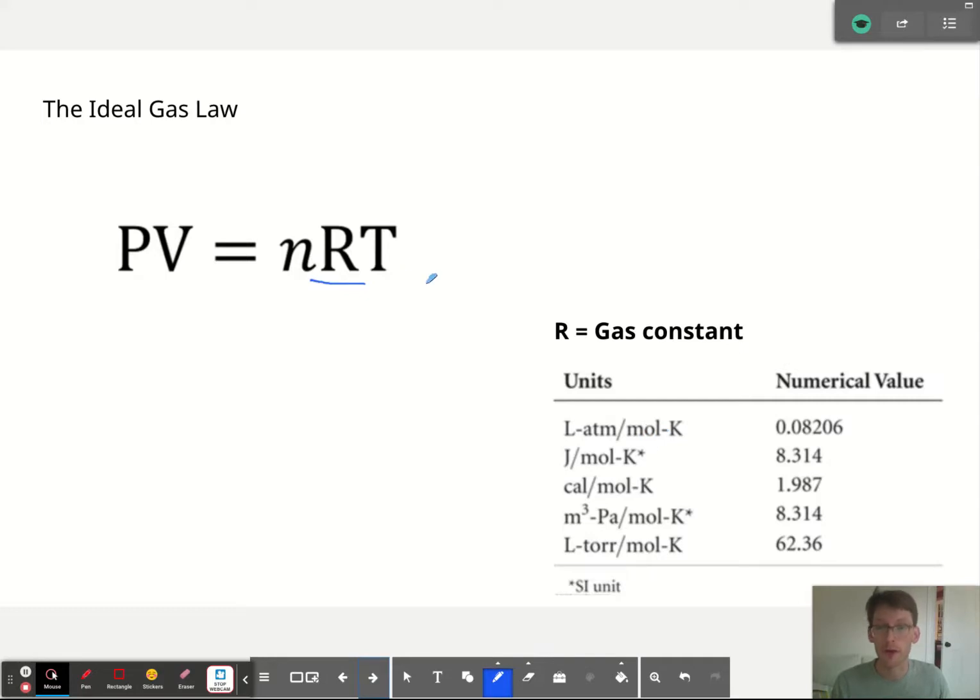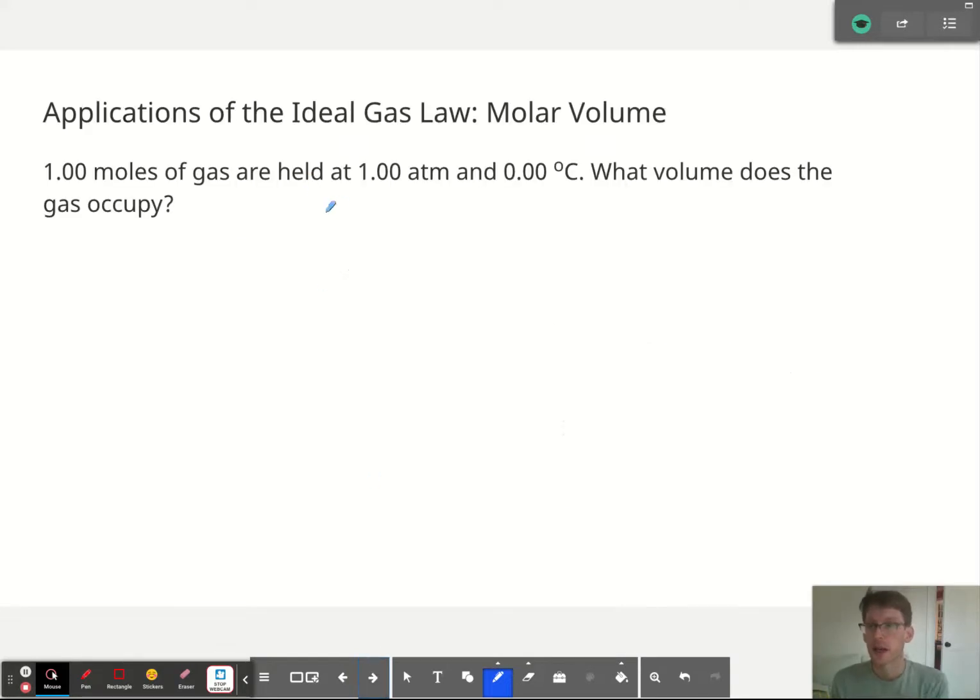That will be our R. If we use liters and millimeters of mercury, also known as torr, in our measurements, then our numerical value of R will be quite different. It'll be 62.36 liters torr per Kelvin mole.